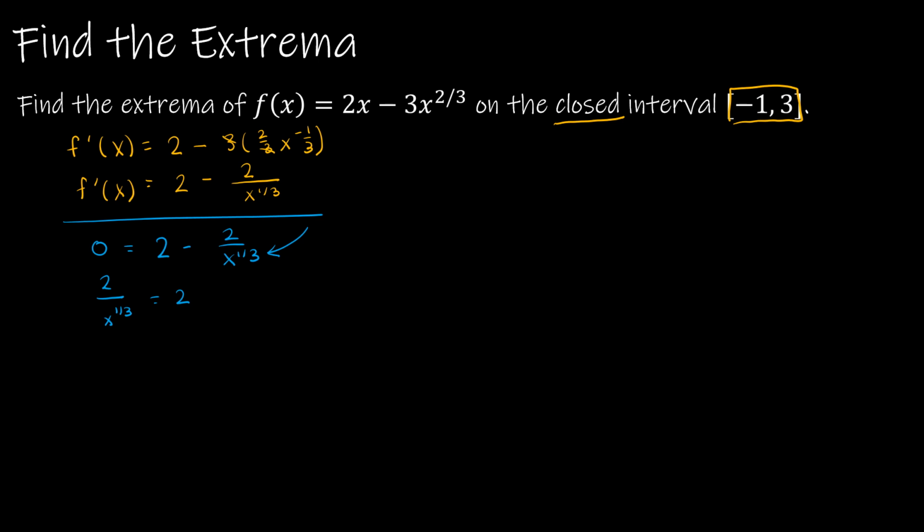Now I can divide each side by 2, so 1 over x to the 1/3 is equal to 1, which means x to the 1/3 is equal to 1, because of course I could just do some cross multiplication, which makes it pretty straightforward. Now keep in mind that all I would do then is cube each side, so x is equal to 1. So that is a critical number.